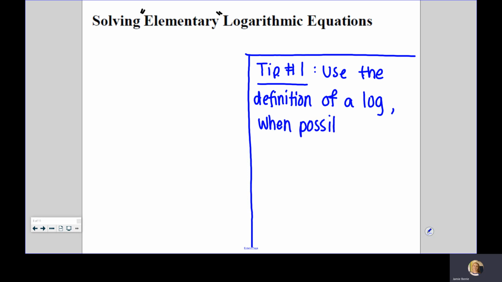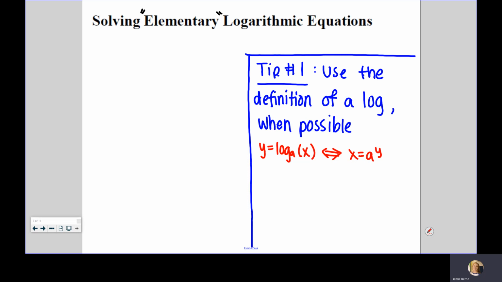And by the definition of a log, I'm talking about this definition here: y equals log base a of x is equivalent to x equals a to the y. So that is my number 1 piece of advice for these elementary logarithmic equations.